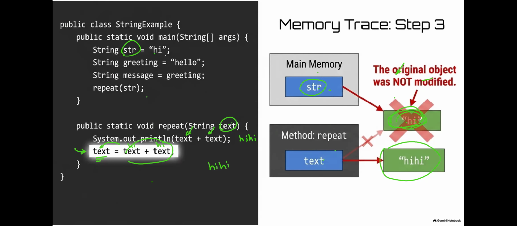Variables of type string do not allow this. So it allows me to create a new place in the memory and store an address for it inside the text variable. Now str is looking at hi, and text does not look at the same place. Why is that? Because I tried to assign a new value here. Previously, both of them were looking at the same place.